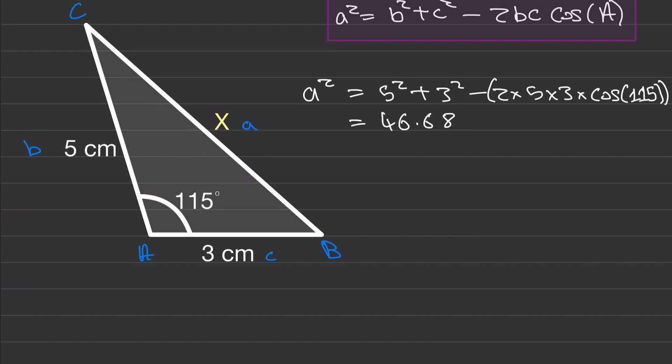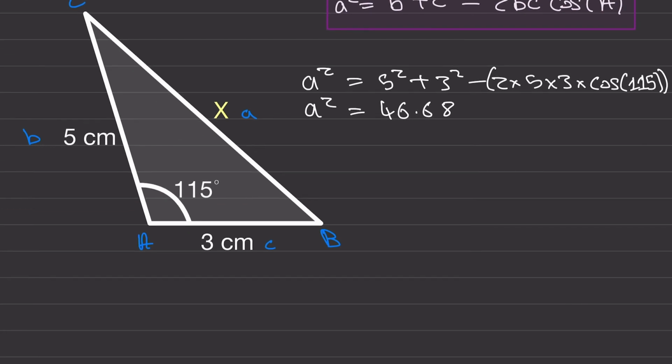Okay, now that's a squared, and so to get a on its own, you have to square root both sides. If you square root 46.67, that gives you 6.83 centimeters. That's our value for x. So that's essentially how you use cosine and sine rule to find x.